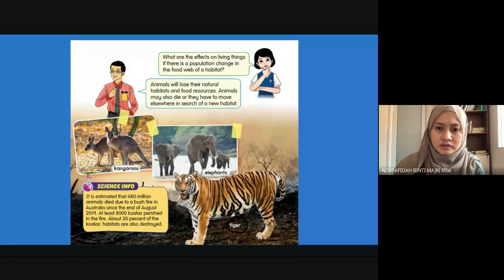Even in the zoo also, the tiger is very old and very sad to see. Kalau kamu pernah tengok dekat zoo, zoo negara sekarang sangat kesian. Especially during this pandemic, it has a big effect on human lah. Banyak efek pada manusia.